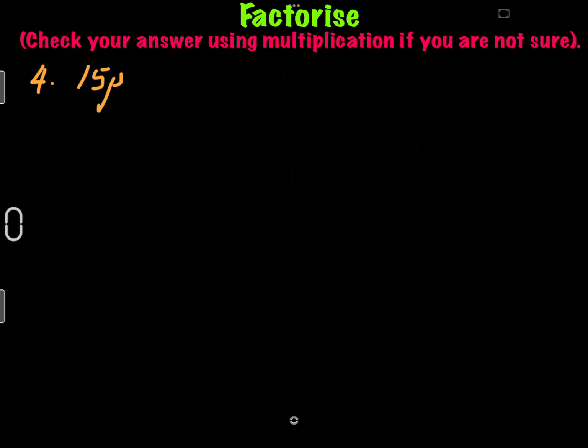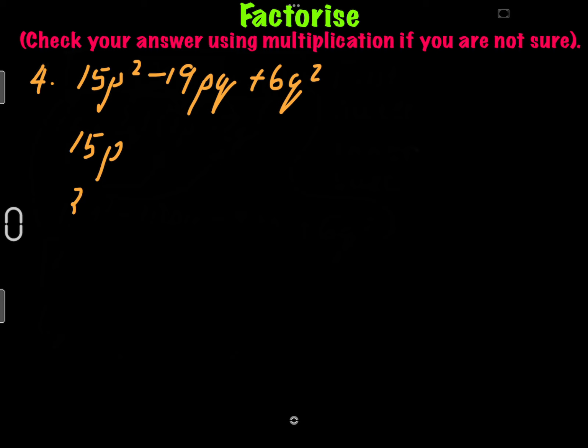So we have 15p squared minus 19pq plus 6q squared. So in this case, I just simply need to find the factors of 15p squared. So I have 5p multiplied by 3p will give us 15p squared, and I need to cross multiply.